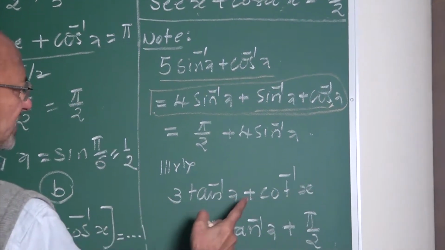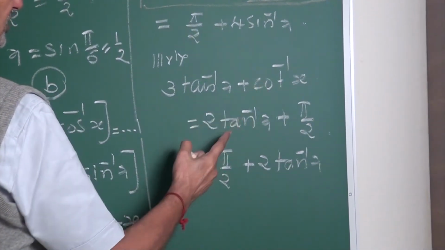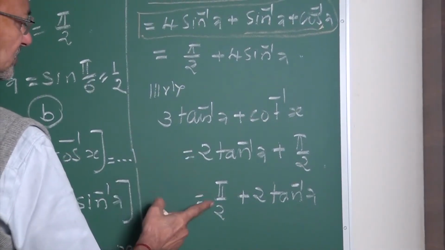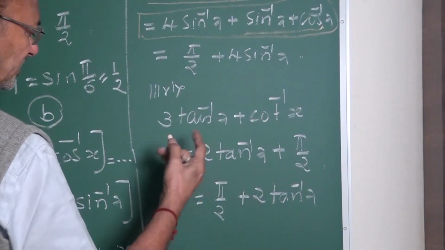Similarly, 3 tan inverse x plus cot inverse x is what? Pi by 2 plus 2 tan inverse x.